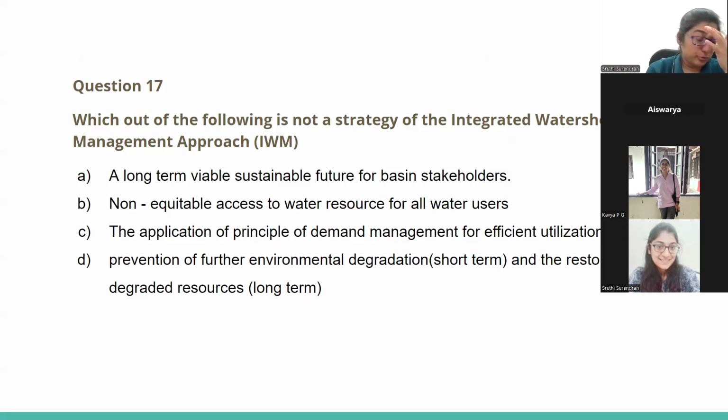Which of the following do you think is not a strategy that is adopted for integrated watershed management?